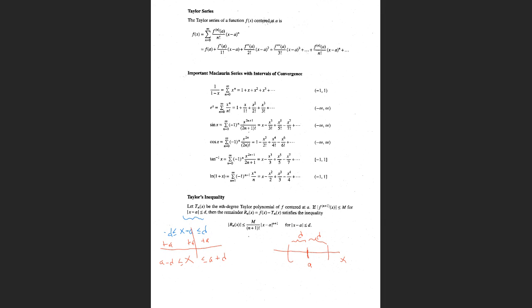If the absolute value of the n plus first derivative is less than or equal to some value M over this range of x values, then the remainder, or the error in your approximation, which is the difference between the value of the function and the Taylor polynomial, will satisfy this inequality. This is known as Taylor's inequality.